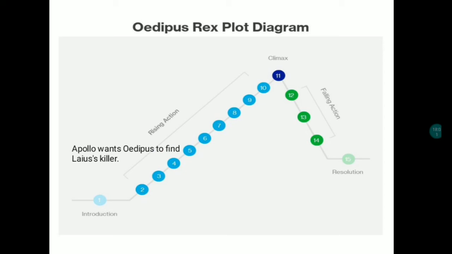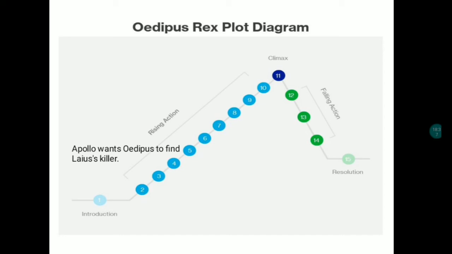Apollo wants Oedipus, the present king, to find out Laius' killer, the former king's murderer, and by finding him they need to punish him by banishing him, and by this punishment the sin will be resolved. Actually, it is the prediction of Apollo that the murderer is still in the city of Thebes, so they need to banish him.